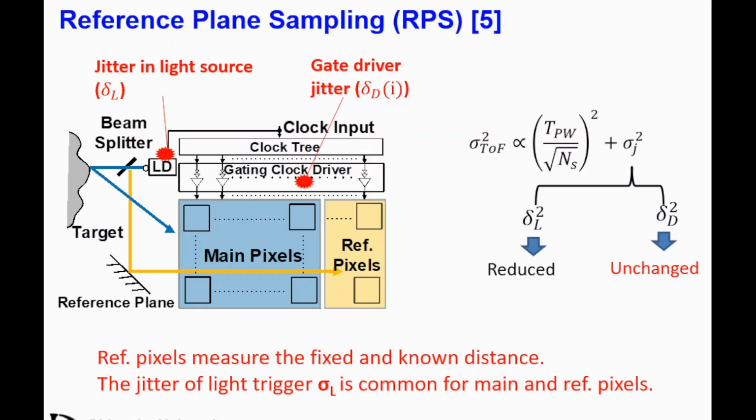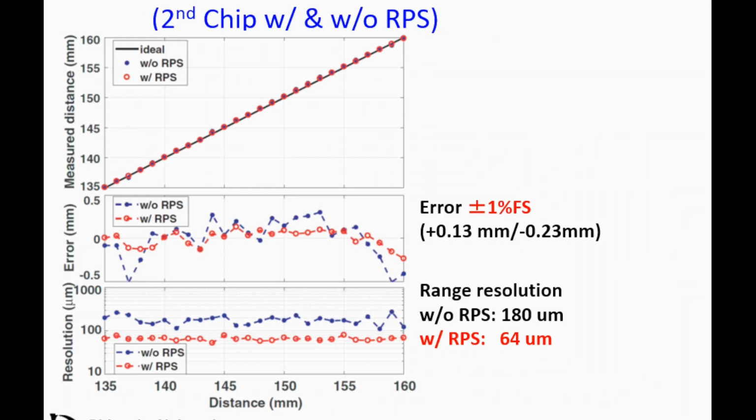By taking the difference between the two outputs in the time domain, we can reduce this light source jitter. This is effective to improve the range precision. As a result, by using this method, the range precision is improved to 64 micrometers.